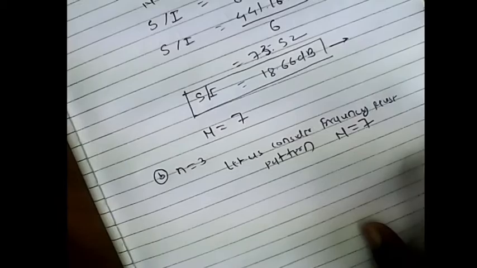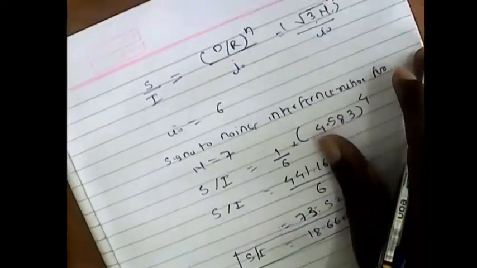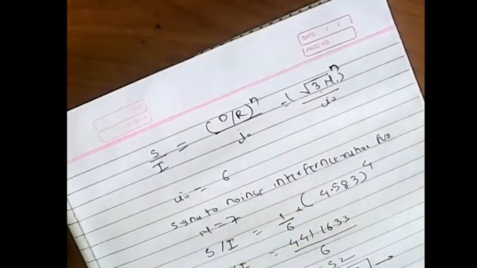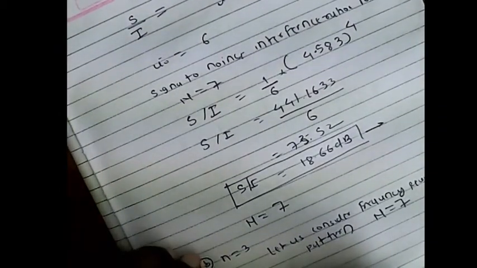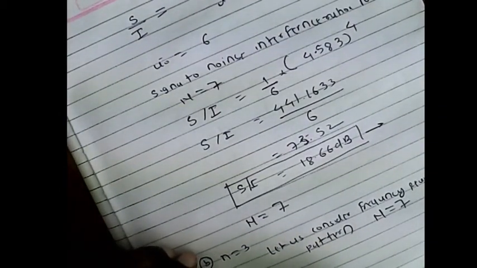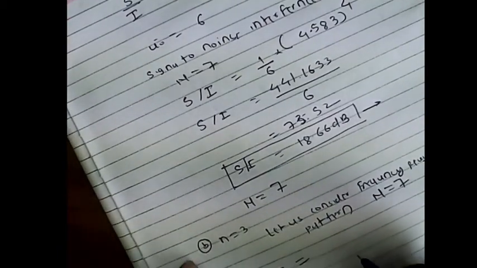That time we again use this equation, so we can calculate the signal to interference ratio for path loss component equal to 3.